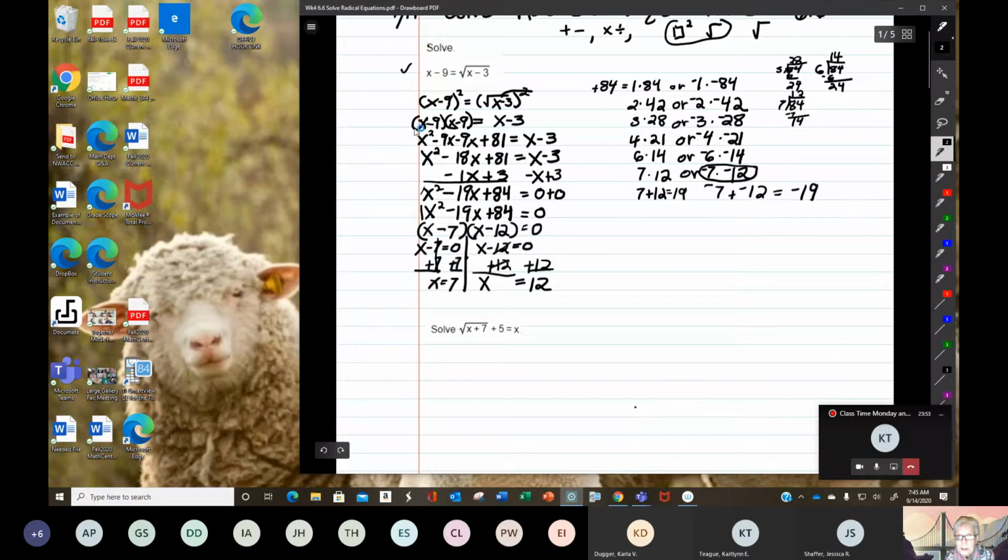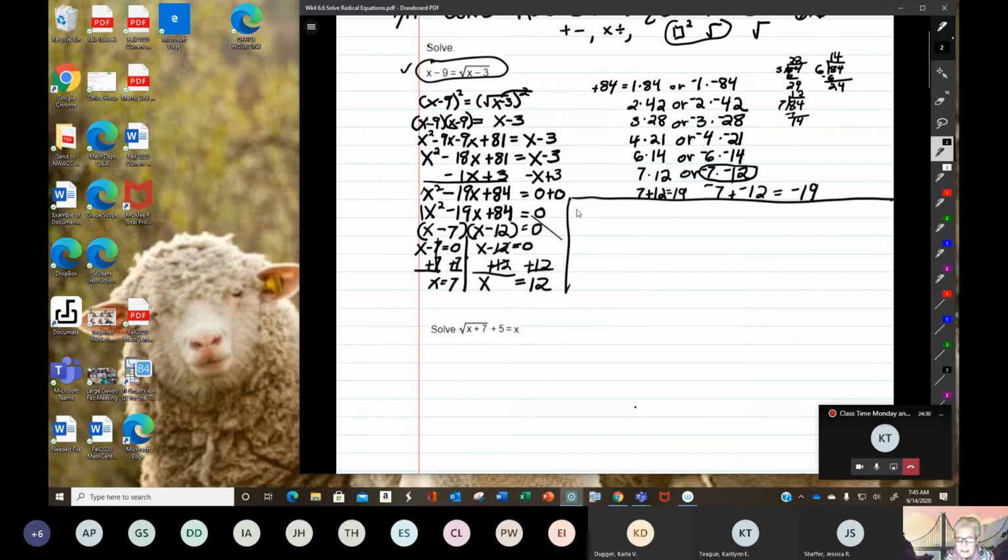Whenever you square both sides of an equation, you can come up with something called an extraneous answer, a wrong answer. It's correct for this, but it's wrong for the original equation. As a result, we have to check both our answers. And you'll always have to do that.